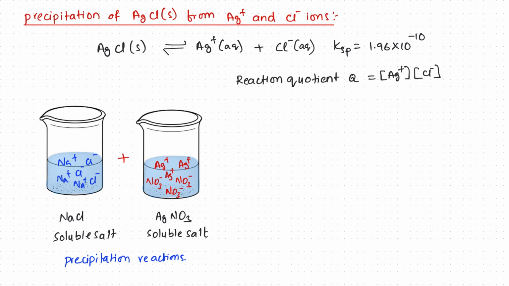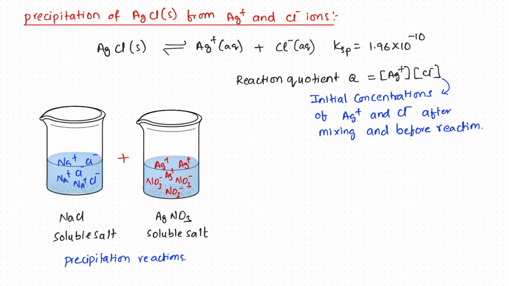Q is equal to Ag plus concentration times Cl minus concentration, where Ag plus and Cl minus are initial concentrations, that is, before any reaction takes place. If the Q value is less than the Ksp, that means we do not have the maximum amount of ions that can coexist in the solution.